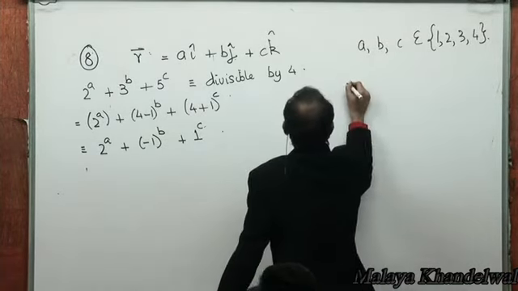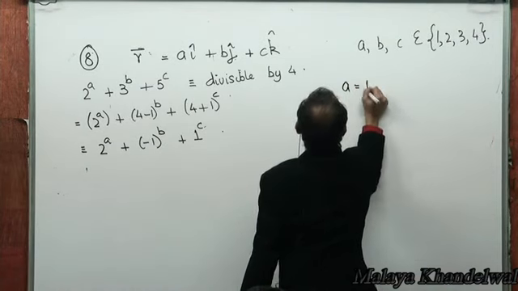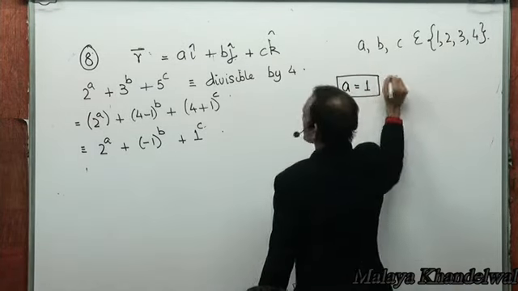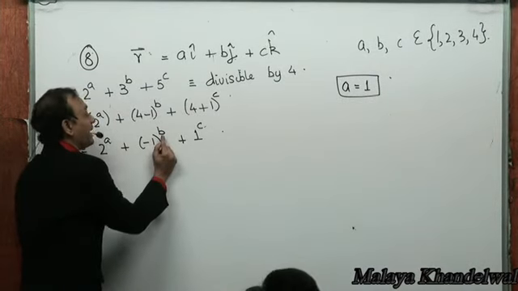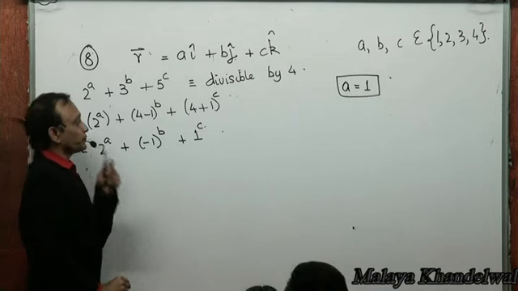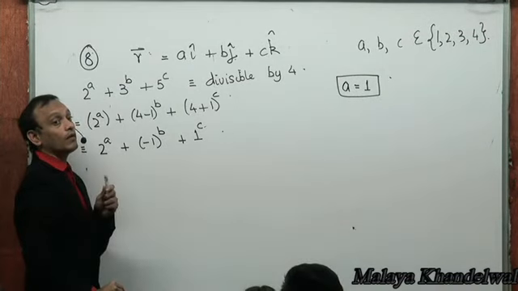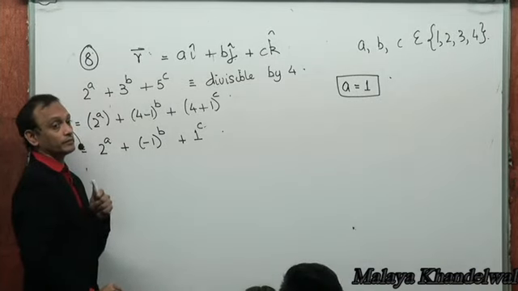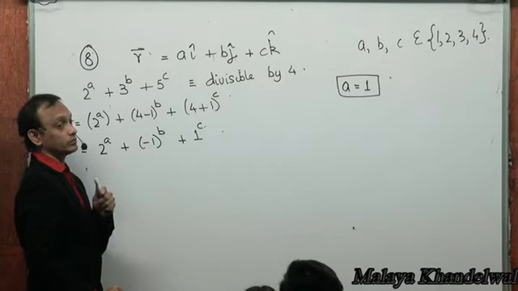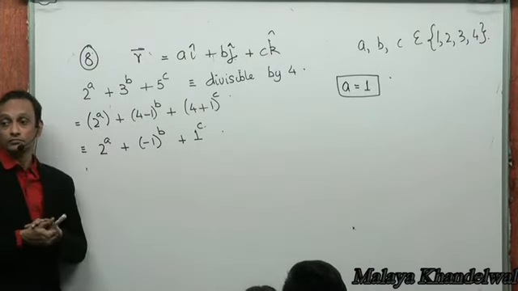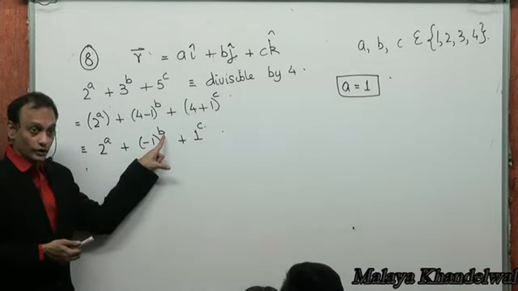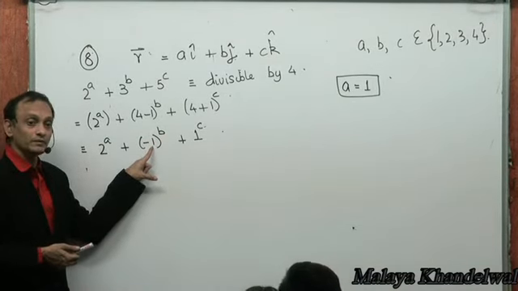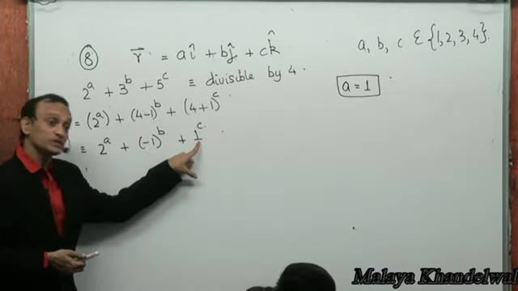See, for example, if A is 1 and B is odd, what would it lead to? Will it lead to divisibility by 4? No. If B is odd, then this will become minus 1 and this will become plus 1, which is 0.